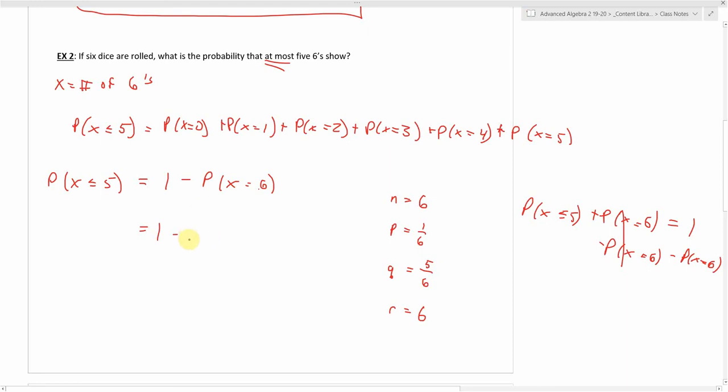We're rolling 6 dice. We want nCr, which is 6 choose 6, times the probability of getting a 6. We want to get all 6 of them to be 6s, times the probability of not getting a 6, which would be 5 sixths. And that would be raised to the 0 power because we don't want any of them to come up as not 6. So all we need to do then is type that into the calculator and we'll find our probability.